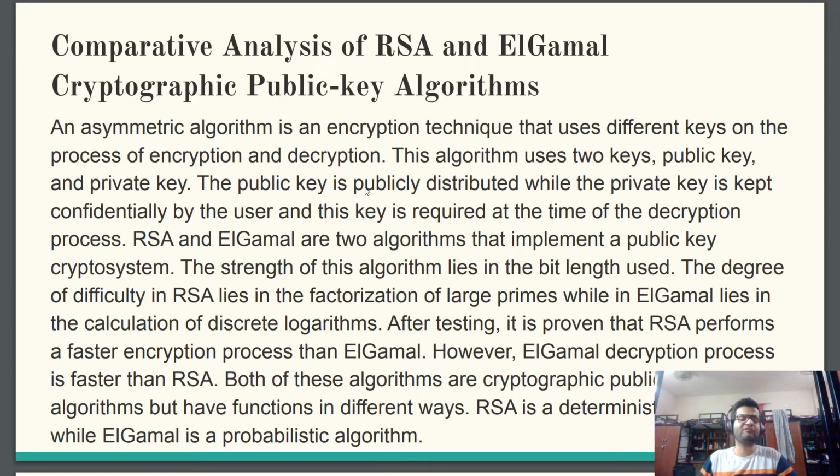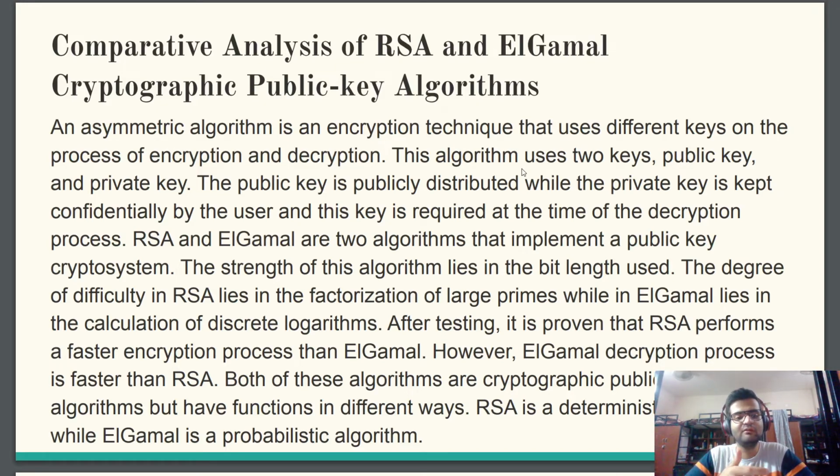There is one more algorithm, RSA, which is again an asymmetric algorithm, and it is very popular. Now we will compare RSA and ElGamal. First, what is an asymmetric algorithm? It is just an encryption technique that uses different keys in the process of encryption and decryption.